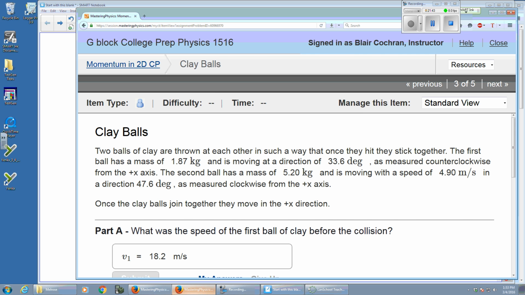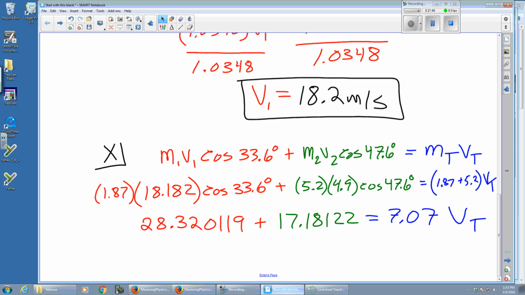Oh, I got that from my part A. See my 18.2? Unrounded, that's 18.1823299, all those fun numbers in my calculator. Okay, so it looks like I have to add the 28 and the 17, right? And I get, so this side is now 45.5013.